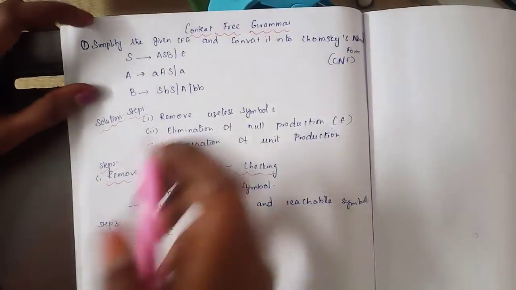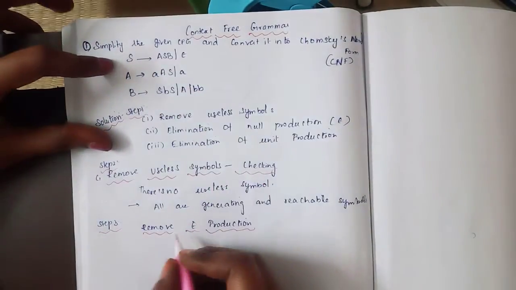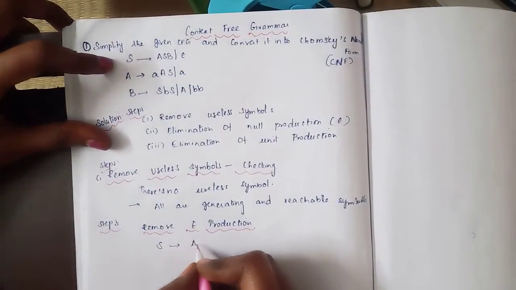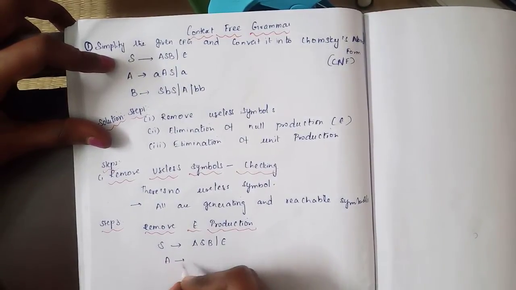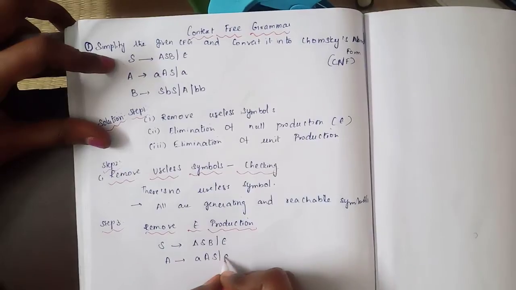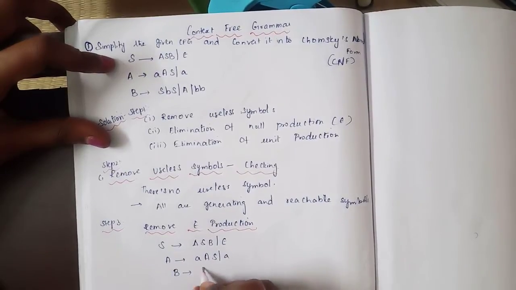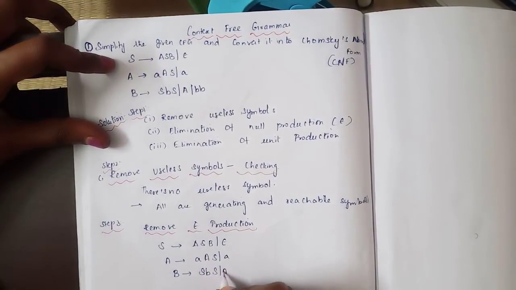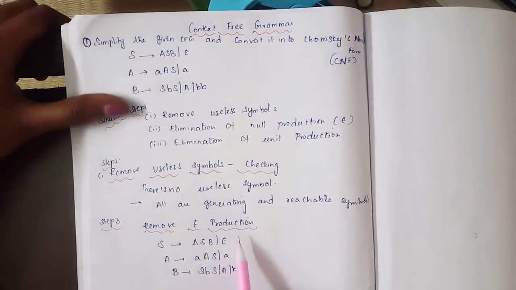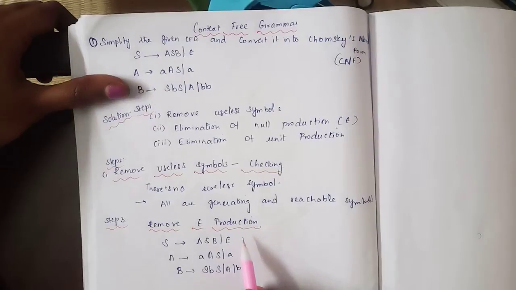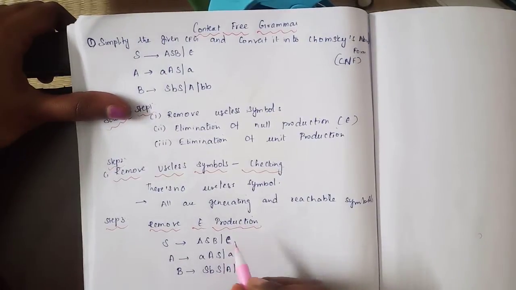So here, S tends to ASB or epsilon, A tends to AAS or a, B tends to SBS or A or bb. This is the given grammar, and we have to check it.